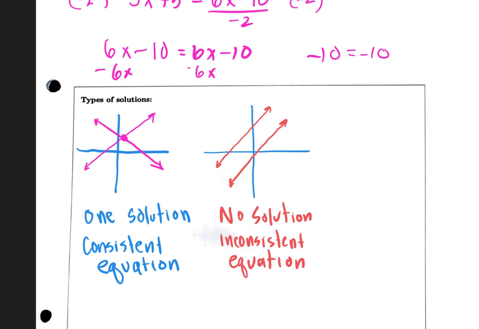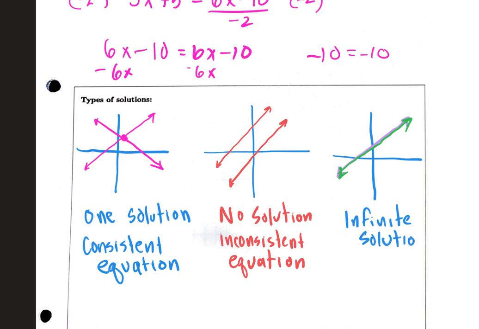So that can happen every once in a while. And the third option that we have here is if we have one line and then we have another line that is the same line. And when that happens, we have infinite solutions.